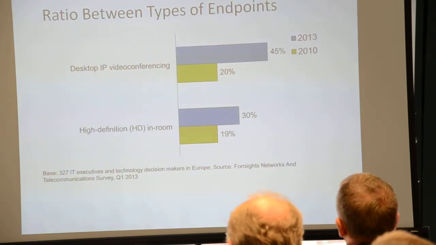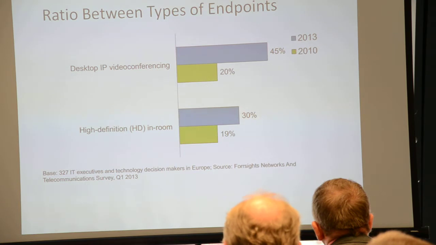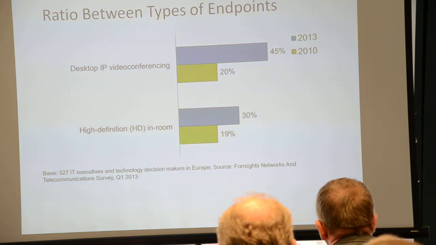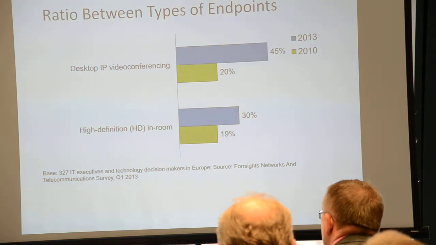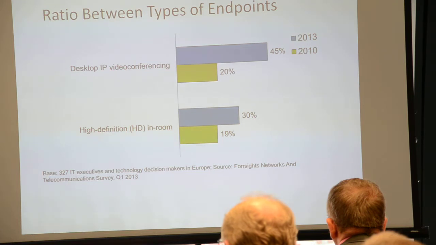Another very illustrative piece of data is that desktop video conferencing has become dramatically more popular since 2010. Before 2010, there were no really popular software video conferencing solutions. Most of them were legacy, hardware-based.